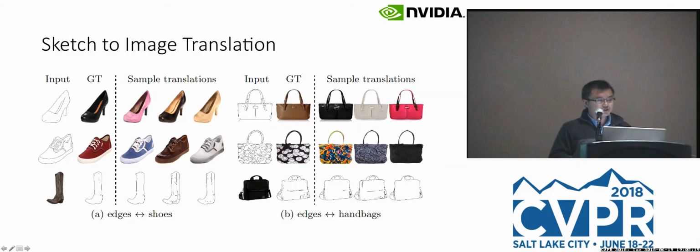Now for the input, by applying a trained multimodal model, we can generate different outputs, different shoes with different colors, different styles, and we can also do the same for the sketches. So we will have different amounts of textures and edges from the textures. And you can also find results here for the sketch to handbags, with different colors, different styles.